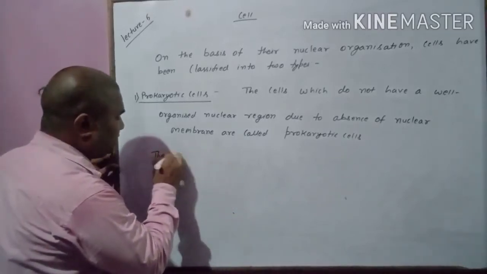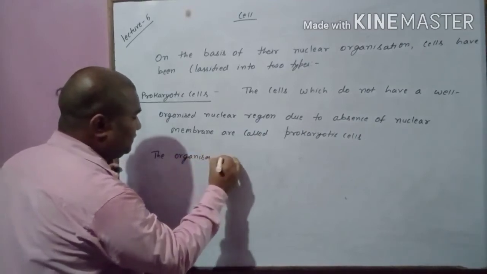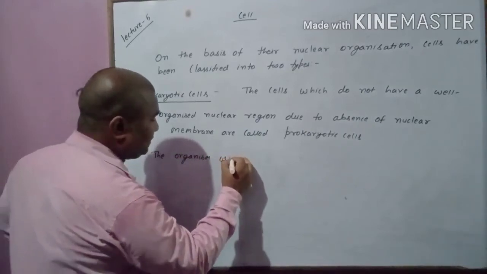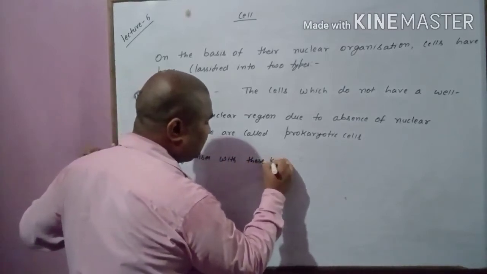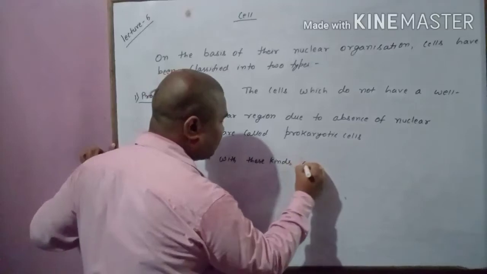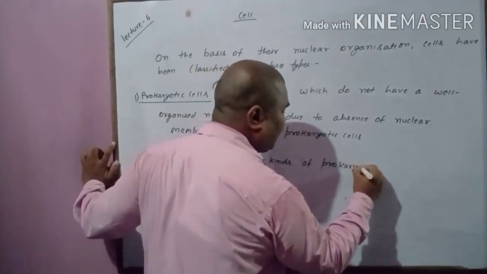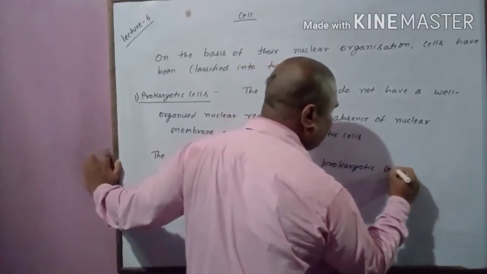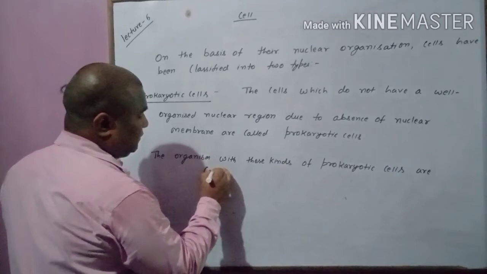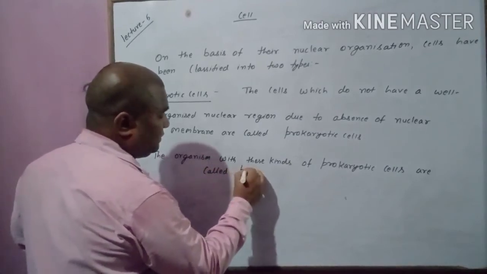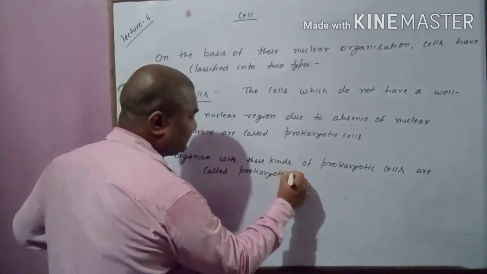So the organisms with these kinds of prokaryotic cells are called prokaryotes.